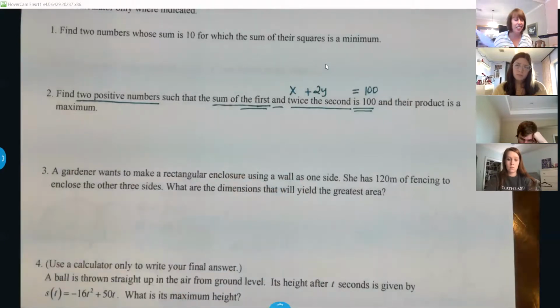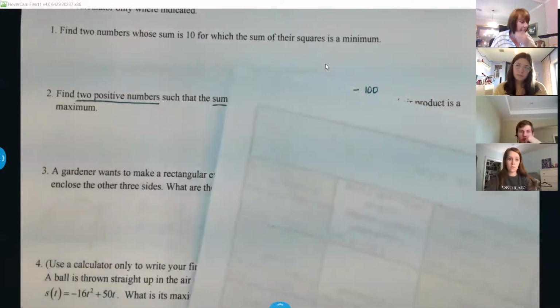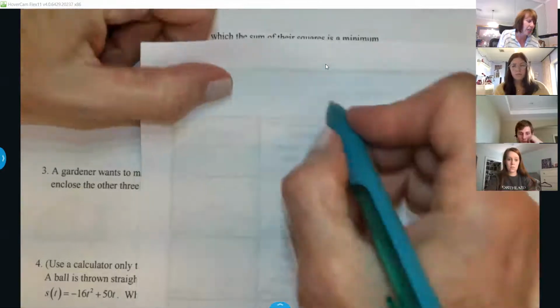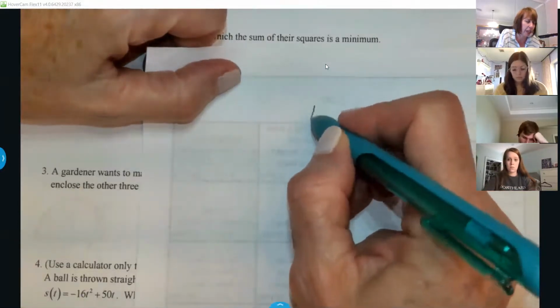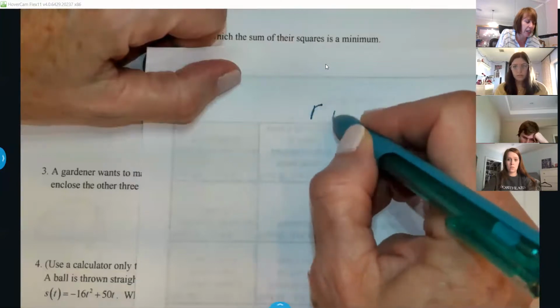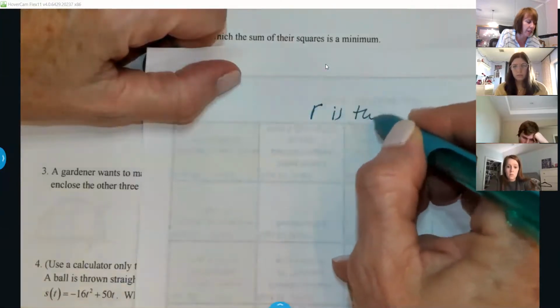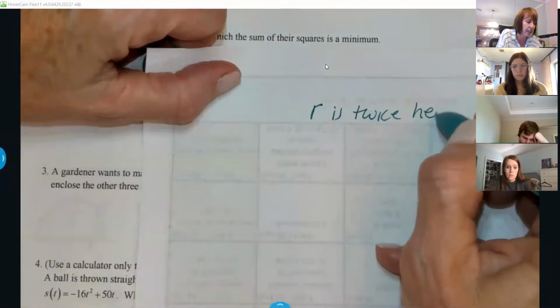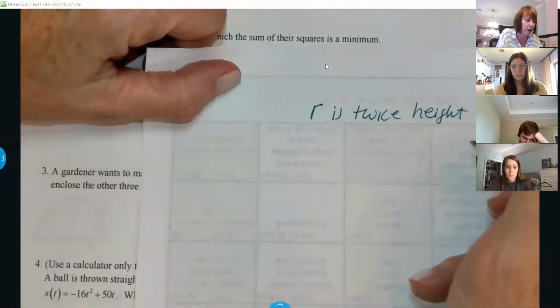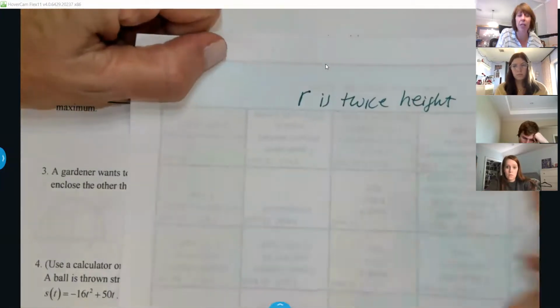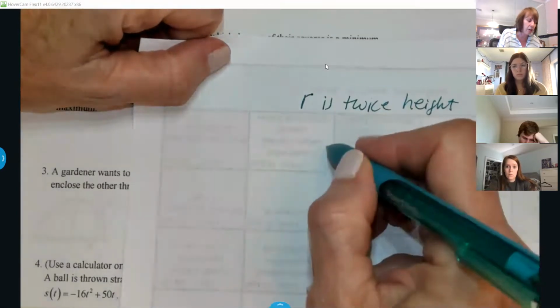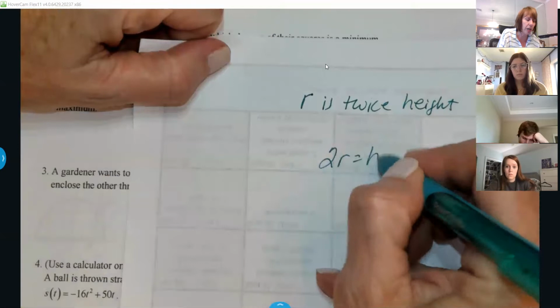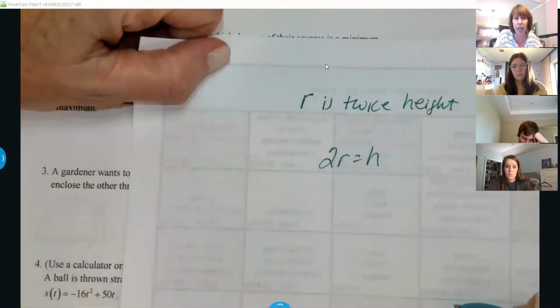On the test, I think it was unit 2, in one of the problems it said that the radius is twice the height, something like that, or maybe it was 3 times the height, I forget. There was something given to you like that. And I had a lot of students that wrote 2r is equal to h for that, okay?